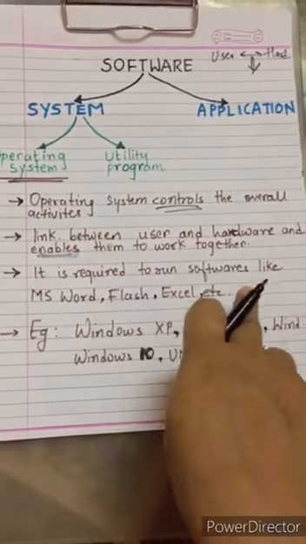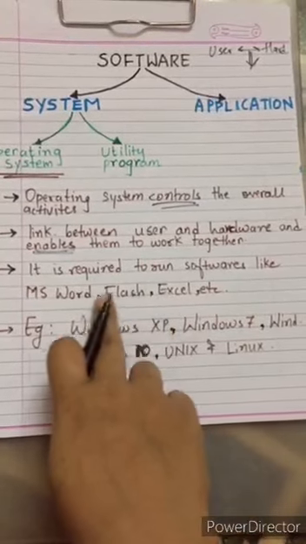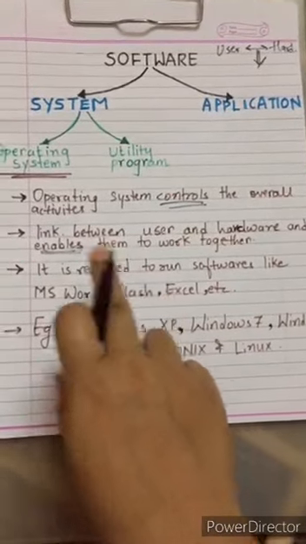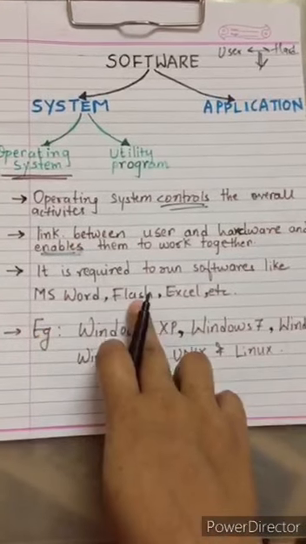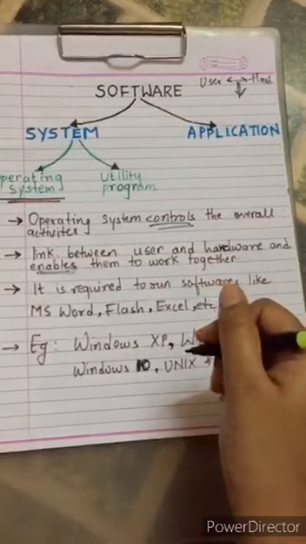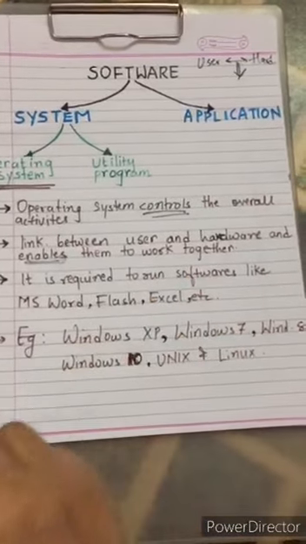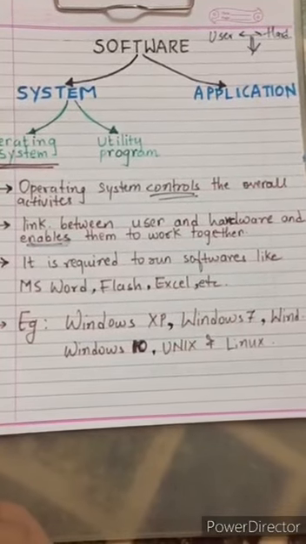These are the examples which need an operating system to run. Like a principal has a responsibility to run this school.